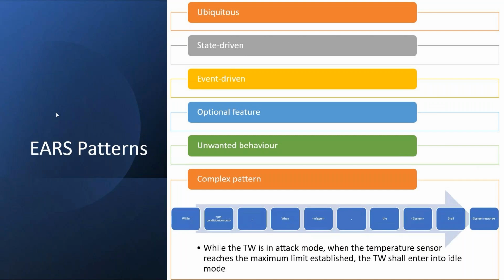There is no keyword in the ubiquitous, but for the state-driven, we have the while. For the event-driven, we have the when. For the optional, we have the where. For the unwanted, we have the if. And then the complex, we merge while plus when or while plus if, right? So this is the notion of EARS.